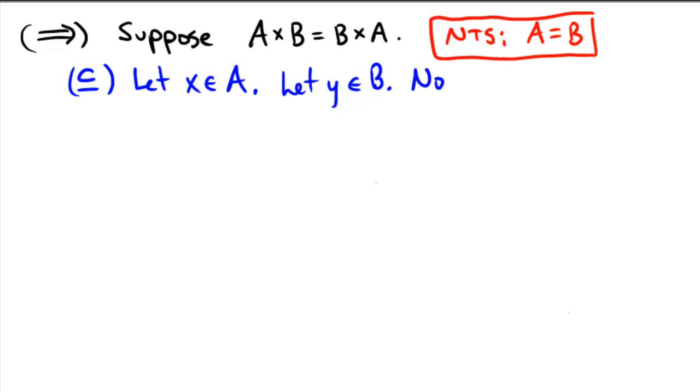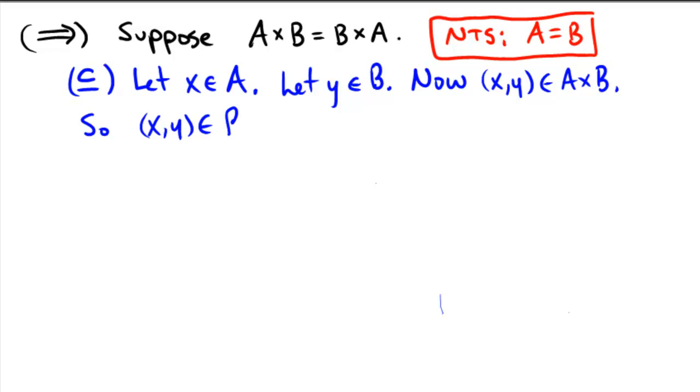Now, because we took X from A and Y from B, we can say that X comma Y, the ordered pair, must be in A cross B. But remember, our assumption says that A cross B equals B cross A. So X comma Y is also in B cross A, because A cross B and B cross A are the same by assumption. Okay, now notice what we get. Where is X?